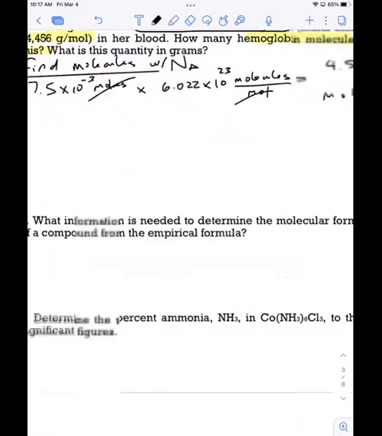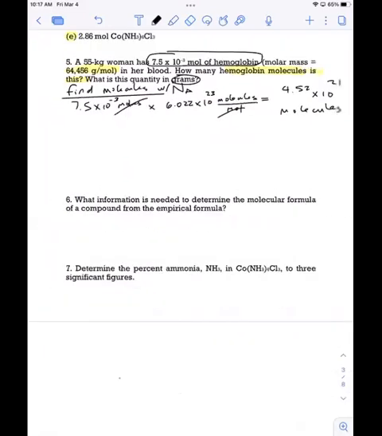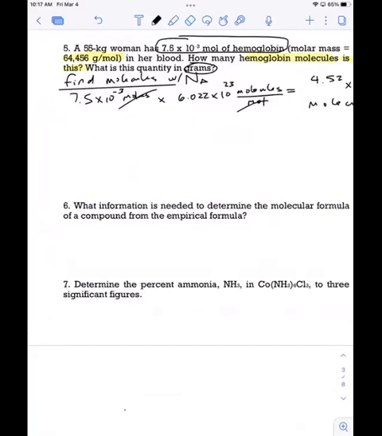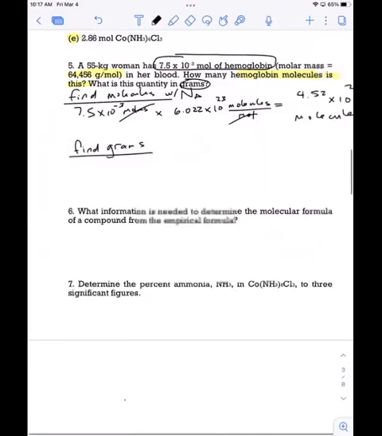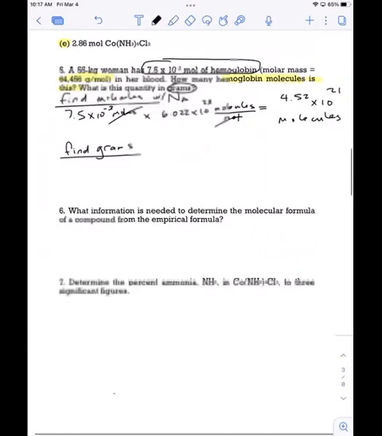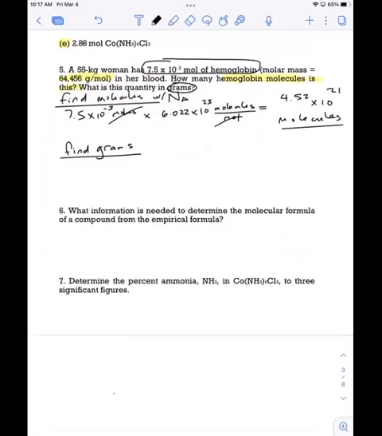Now it asks what quantity this is in grams. This is a rare case where they gave us everything we need, and we don't have to derive anything. You multiply the molar mass by the number we got? Well, we don't need the molecules. We can't do it times molecules, but we can do it times moles.